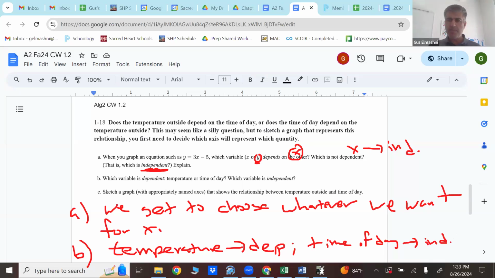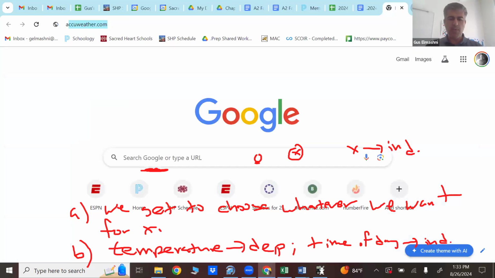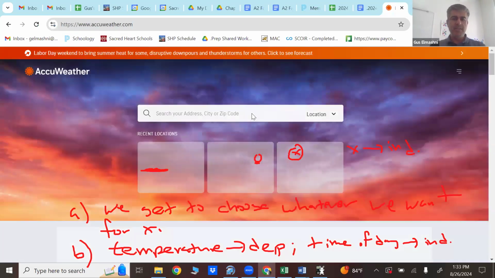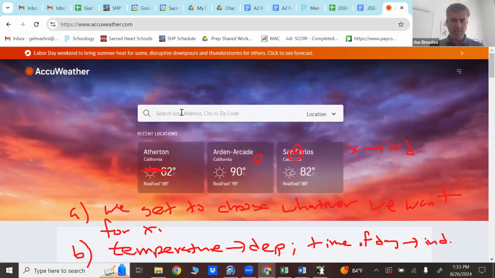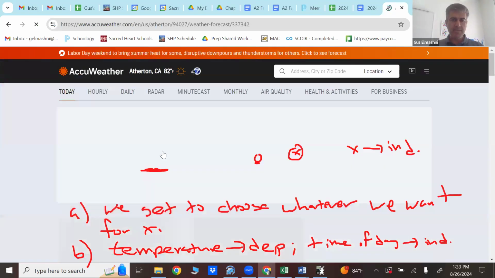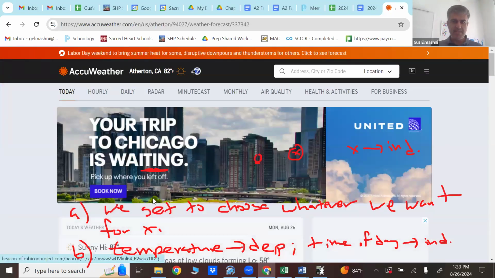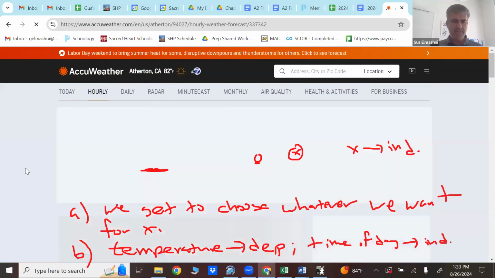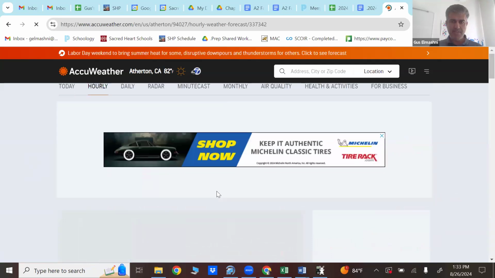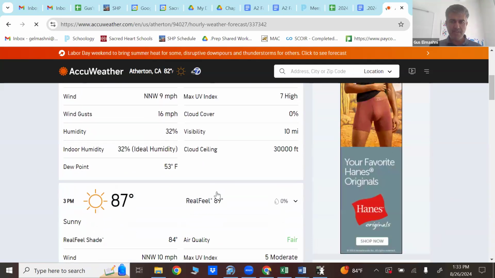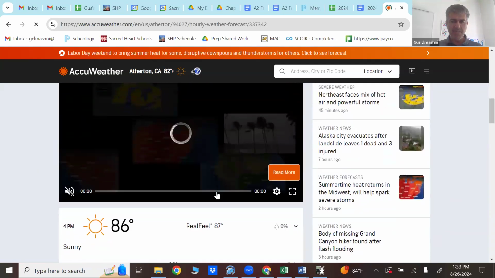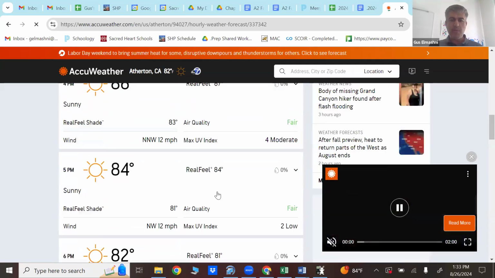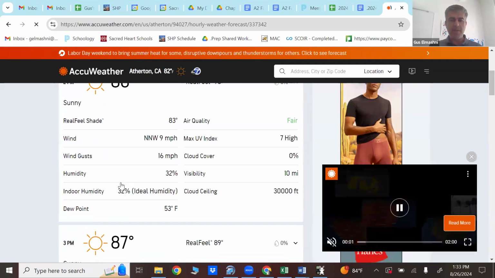Actually, let's do this. Let's go to AccuWeather. Let's go to Atherton. Let's go to hourly. All right, so we see that right now it's probably hitting a peak, right?